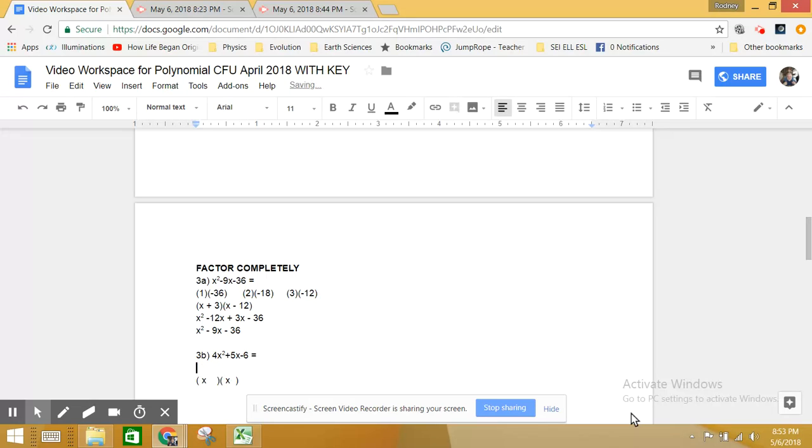My outside and inside products are combinations of the factors of my lead coefficient and my last coefficient, so I'm going to cut to the chase and multiply those together. 4 times negative 6 equals negative 24.